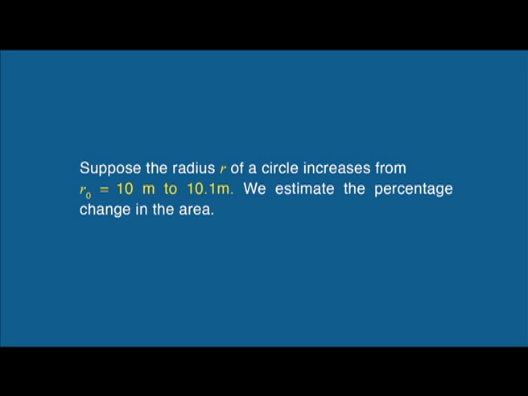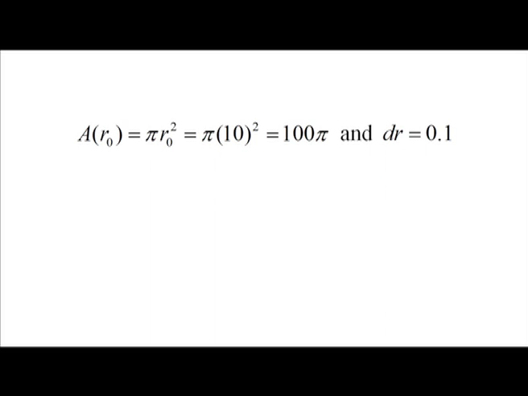As another example, suppose the radius r of a circle increases from r naught is equal to 10 meters to 10.1 meters. We estimate the percentage change in the area. Here, A of r naught is equal to pi r naught square, which is equal to pi times 10 square, which is equal to 100 pi, and dr is equal to 0.1.